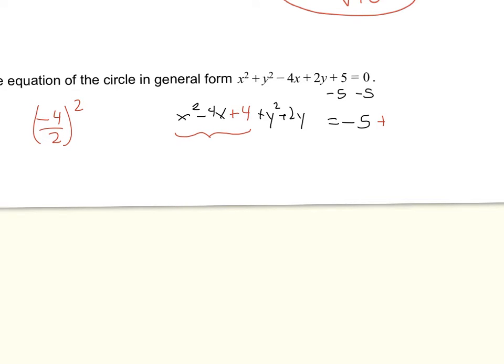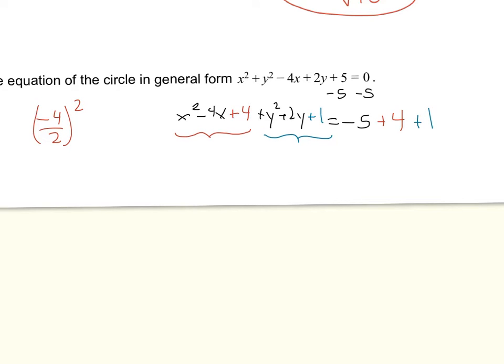So I will add 4 to both sides. So if I look at this one, I have y squared plus 2y. So I will take half of 2, which is 1. 1 squared is 1.